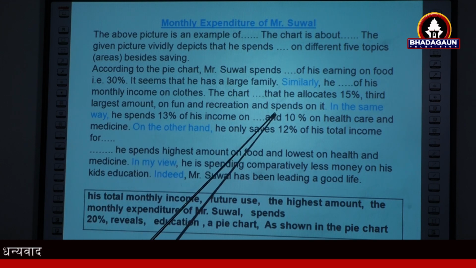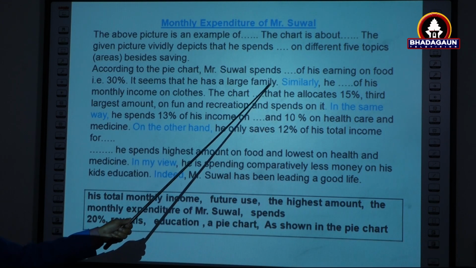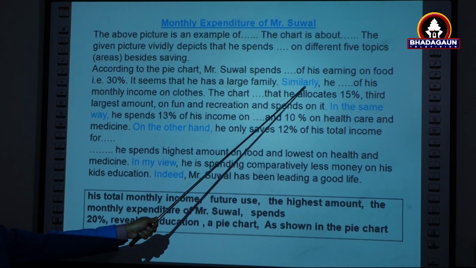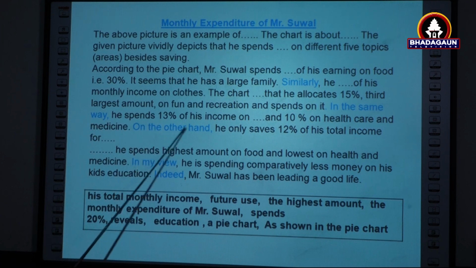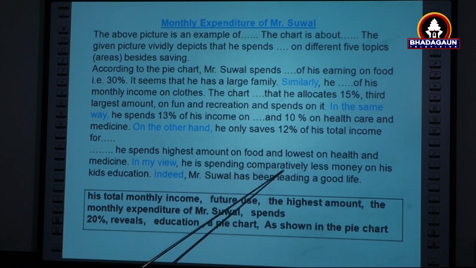In a similar way, you can fill those words in the blank spaces. So one thing I have to share: similarly, in the same way, on the other hand, in my view, indeed, these are the cohesive devices that make your answer logical, that make your paragraph coherent.